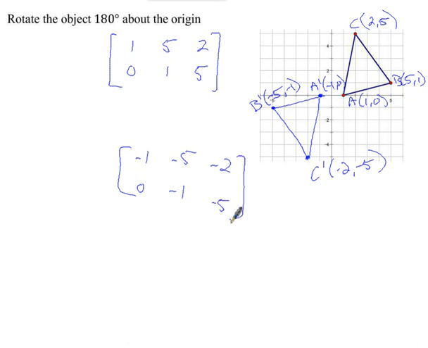So what can I do to the original coordinate matrix? Multiply by the identity matrix, and both of the ones are negative. All we're doing is changing the sign of everything. All the numbers are staying in the same location. So my matrix is going to be negative 1, 0, 0, negative 1. That gets the job done. That is your rotation matrix for 180 degrees.